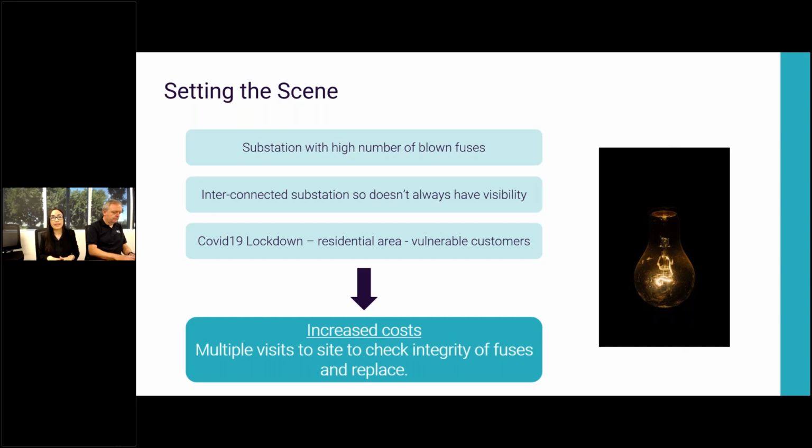Because this is an interconnected substation, it doesn't always have visibility because the consumers are still being supplied from the other end. This is a residential area with vulnerable consumers. This is because people are spending a lot of time at home because of the COVID-19 lockdown. So at this point, keeping the network resilient is very important.